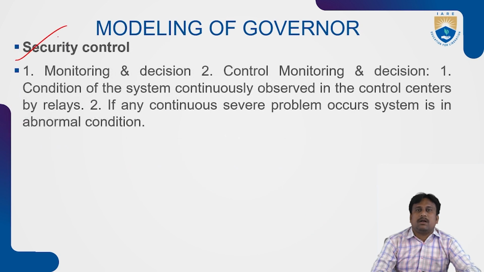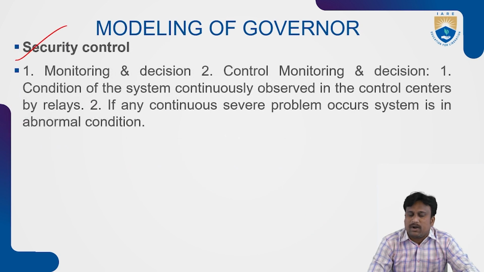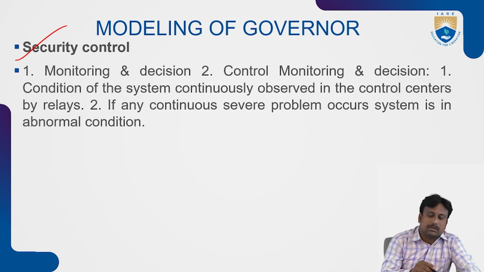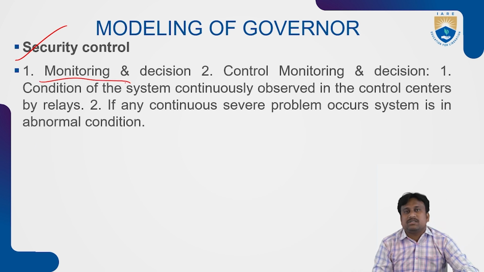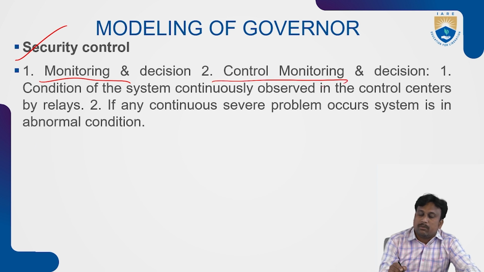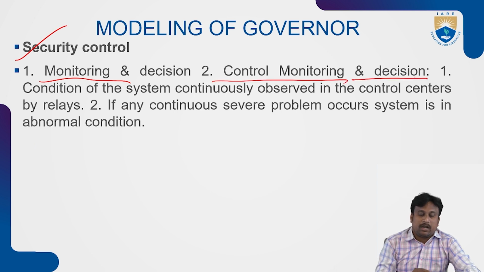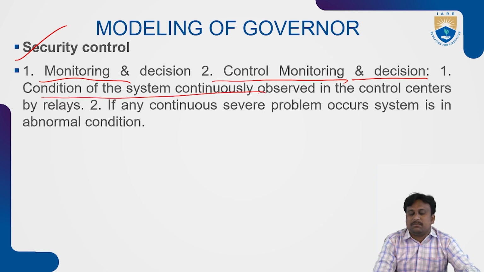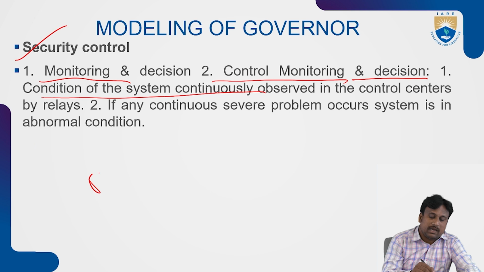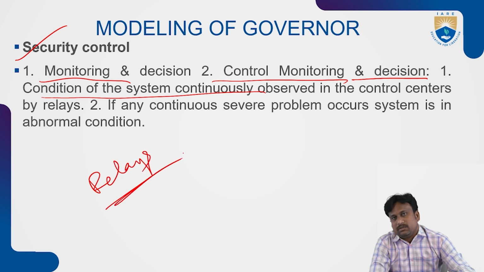Another control is called security control. What does security control mean? This can be done by monitoring and decision action, where the condition and continuity of the system will be observed in the control centers by relay actions. A relay is ready to act for the current sensing part.